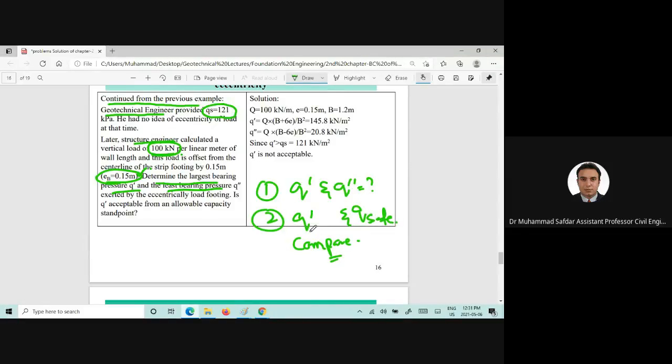Because if Q prime is greater than Q safe, it means it's not acceptable. And if Q safe is greater than Q prime, and Q prime is the largest pressure which is going to be exerted onto that soil, therefore we need to do the calculation.